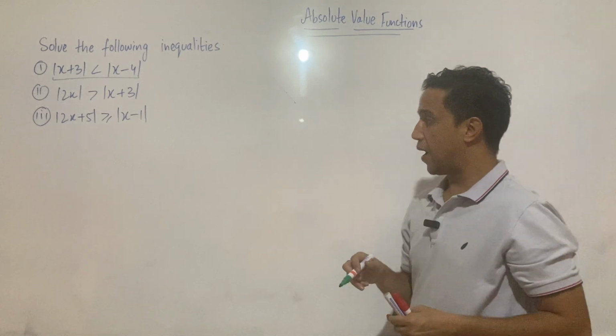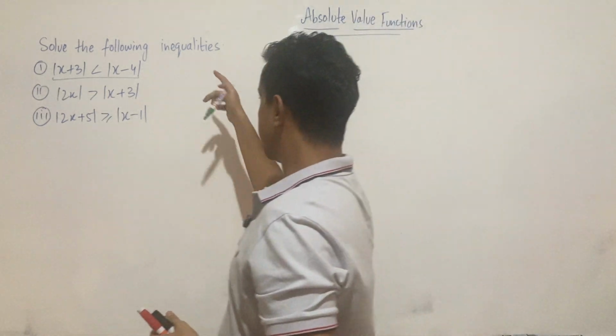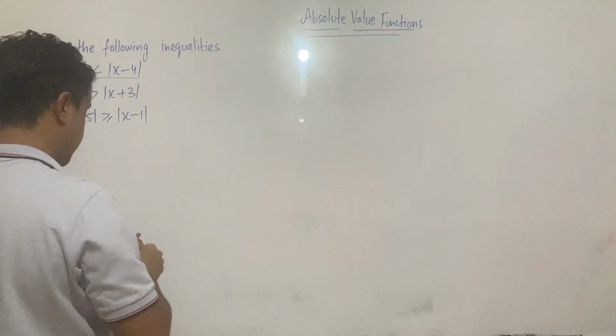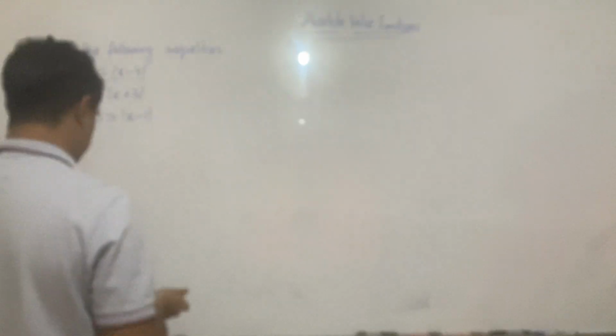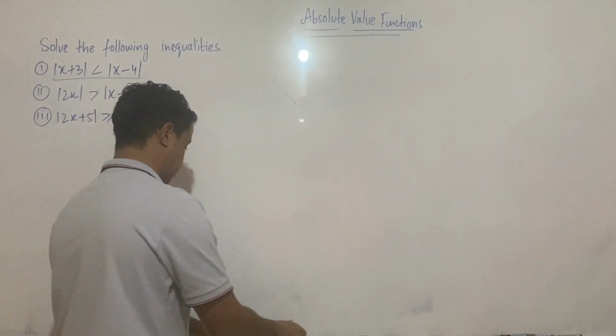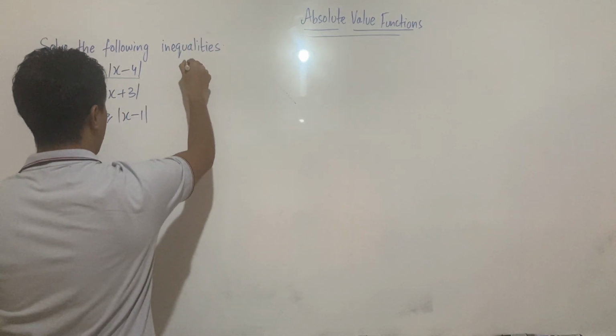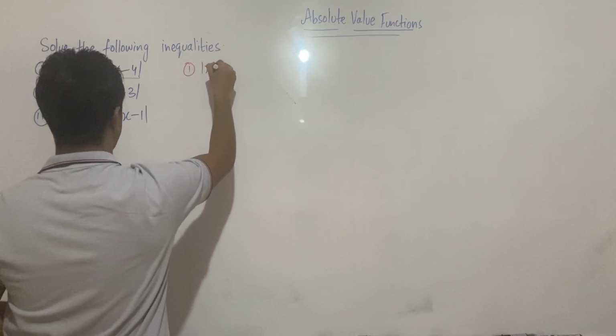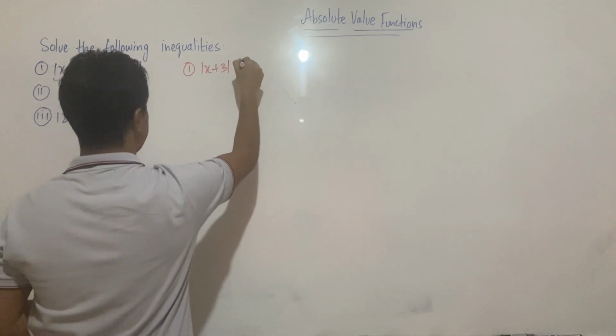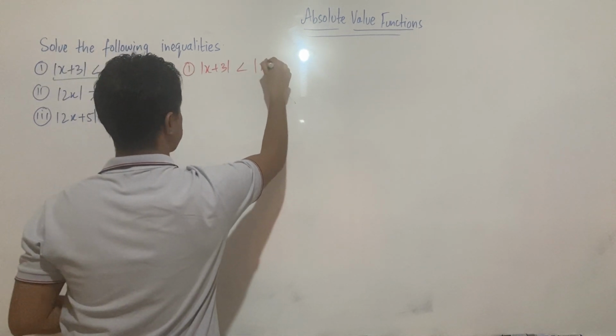Okay, now see here, I can write it here first. The first one is absolute function x plus 3 is less than x minus 4.